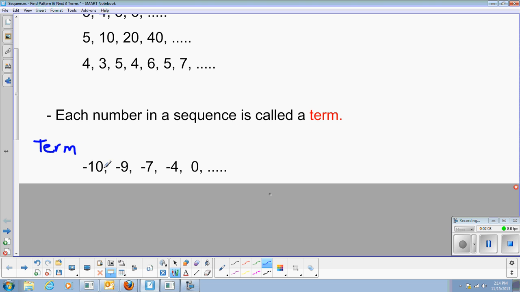So -10, that's term 1. -9, that's term 2. -7, term 3. -4 is term 4. 0 is term 5. And if I was to continue on, I'd say term 6, term 7, term 8. We want to know exactly which term number we're looking for sometimes, so we number them 1, 2, 3, 4, 5, and so on.